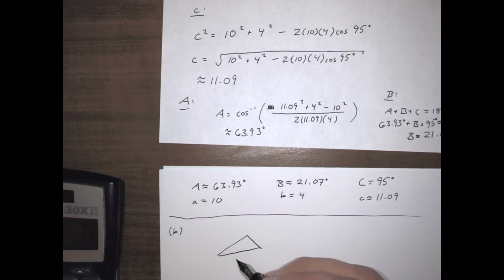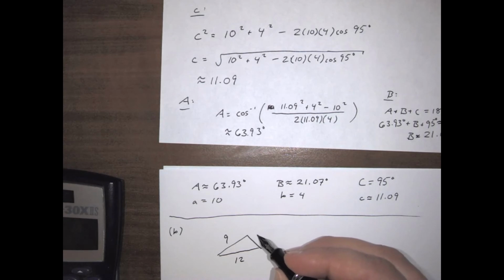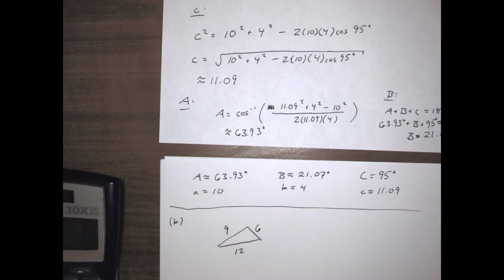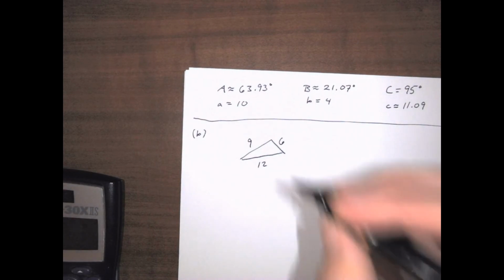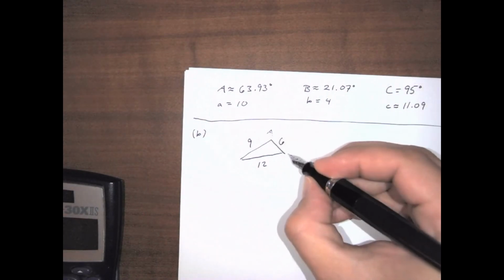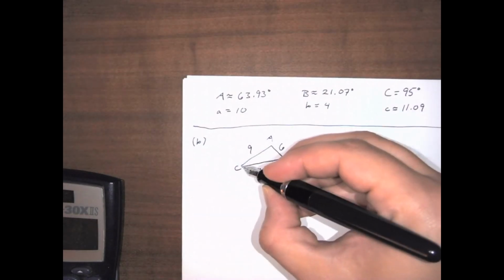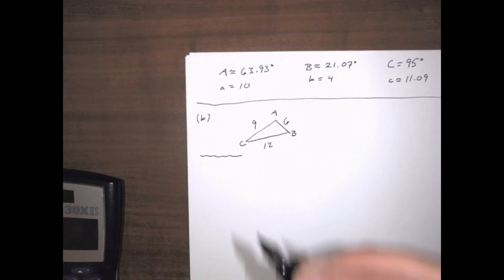So let's say this side is 12, this side is 9, and this side is 6. All right. So then I'll call these A, B, and C, just arbitrarily. Just made up which one I was going to call which.